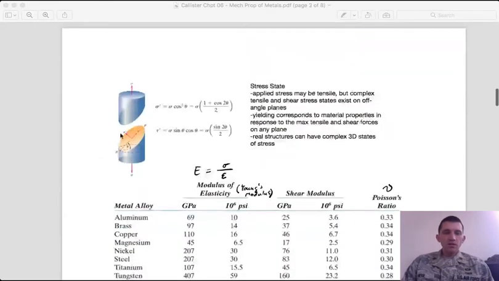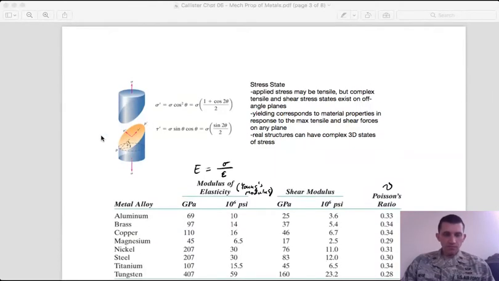But there are other ways that we could slice the material and ask the question, okay, what is the state of stress on an arbitrary slice through this cross-section? And when you do so, right, you have two components of stress. You do have the one that goes parallel to your axis.